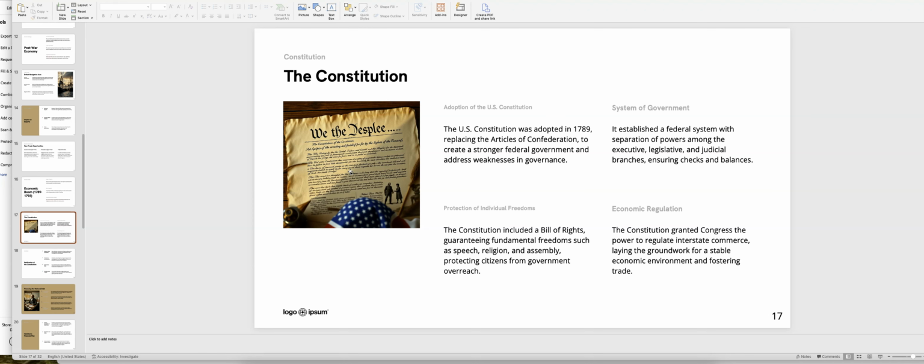What we see in the Constitution is the building of a federal system with the three branches, the executive, legislative, and judicial branches, each checking each other, getting us our balance of power. We get the Bill of Rights that are passed finally by 1791, the Bill of Rights being the first 10 amendments.